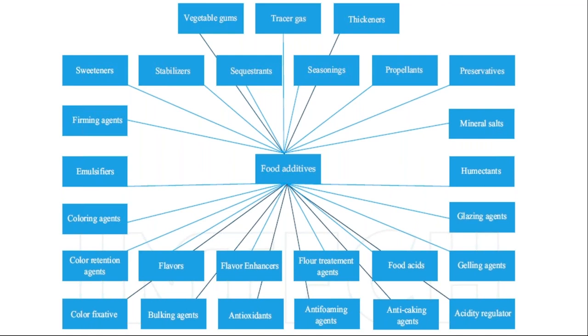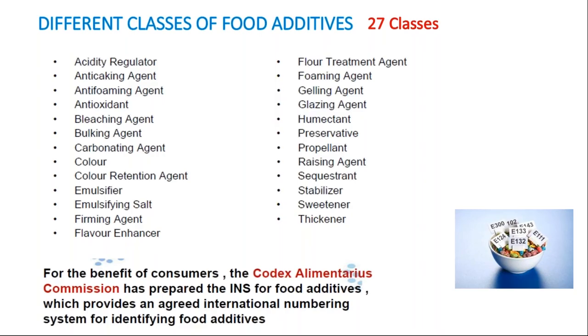So it is not possible to remember all the food additives, but for the ones most commonly used in foods, at least you must know which they are and what their technological function is. The different classes include acidity regulators, colors, carbonating agents, emulsifiers, acidifying agents, gelling agents, preservatives, stabilizers, sweeteners, thickeners.